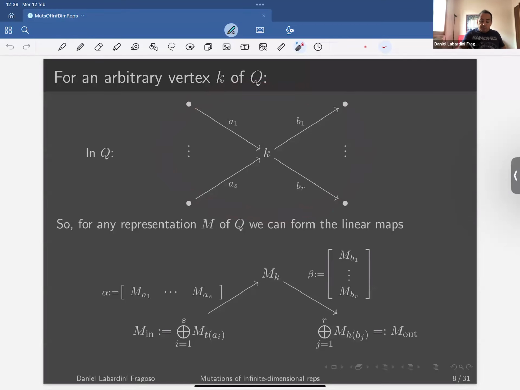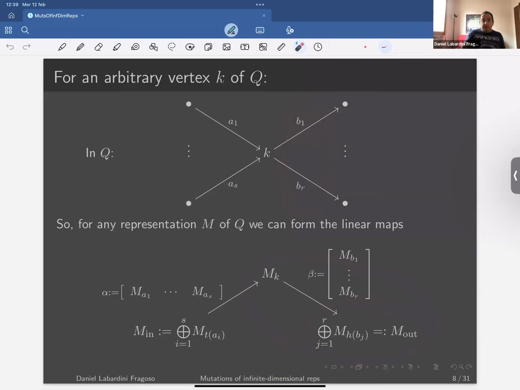If I take any representation of such a quiver, we can still form the linear maps that we formed before, that we assembled, namely the ones associated to this. We assemble them into a single linear map from this direct sum, and we can also assemble all this as a linear map to the direct product, but since it's finitely many of them, it's also the direct sum.